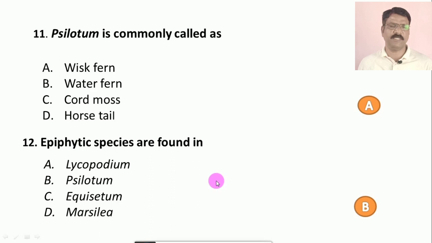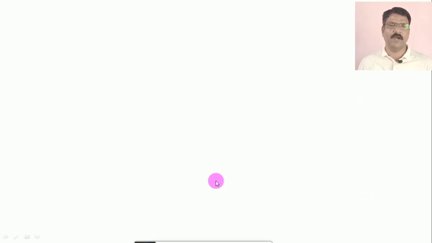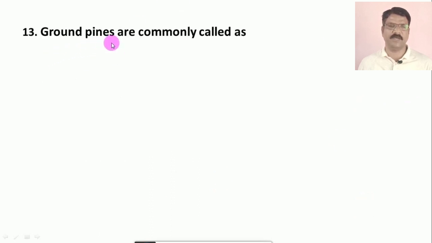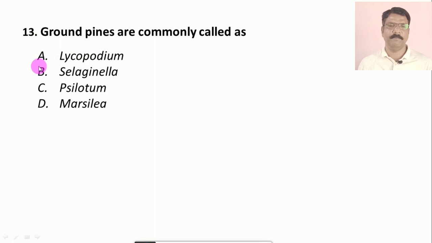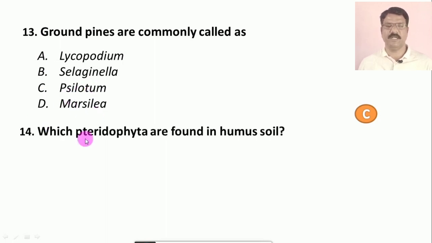Question number 13: ground pines is the common name of which pteridophyte members? Options are A. Lycopodium, B. Selaginella, C. Psilotum, D. Marsilea. The correct option is A, Lycopodium, which is also called ground pines. Question number 14: which pteridophytes are commonly found in humus soil?